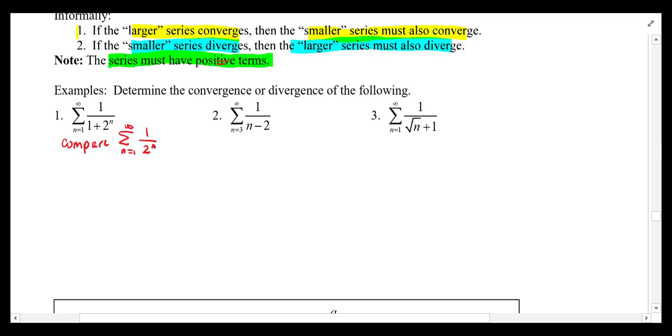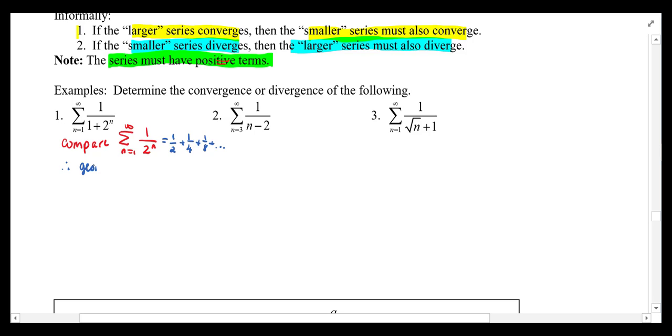And you can think about what type of series this is. If you're not too sure, you can always write it out. So for example, if I plug in n equals 1, that's just 1/2. And then 2 squared is 1/4. Then 1/8, and so on. Hopefully you'll see that there is a common ratio here.